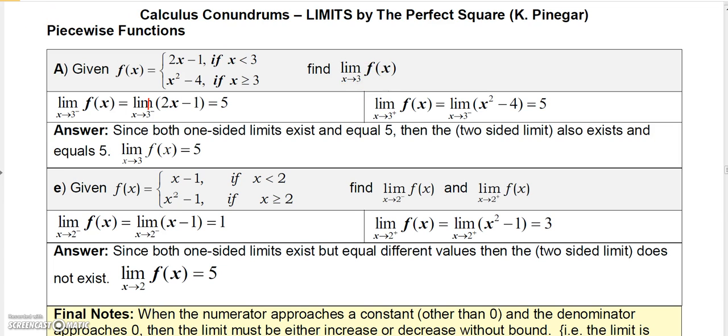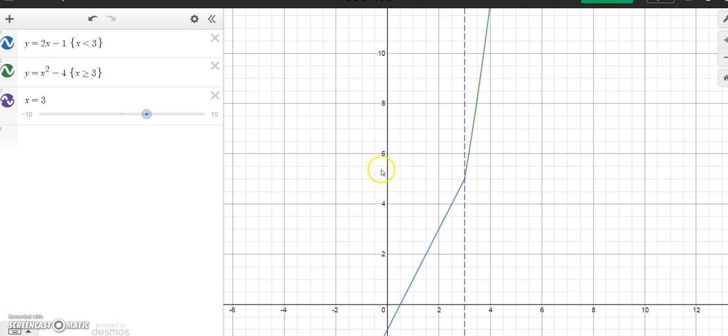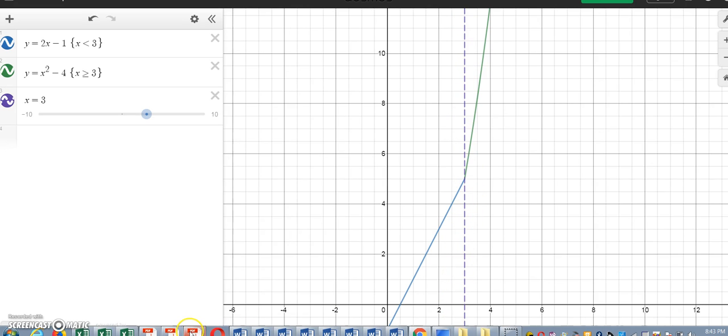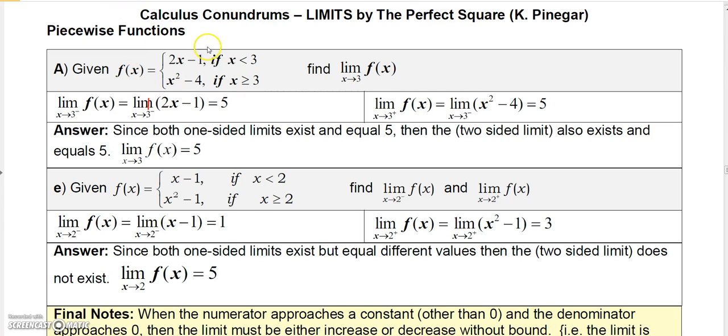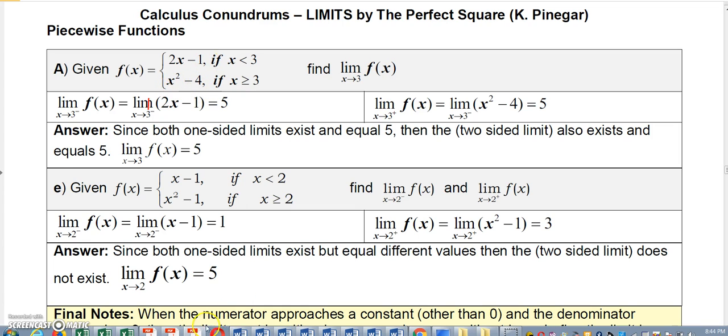Okay, well, let me show you something here. I can show you this better if I graph. Let me show you what you're looking at. I went ahead and drew a dotted line here for x equals 3. That way you can see x equals 3, because that's where the graph changes. So to the left of 3 we get 2x minus 1, and to the right of 3 we get x squared minus 4.